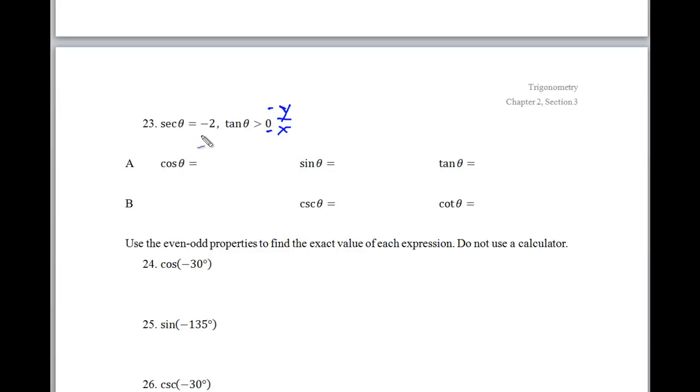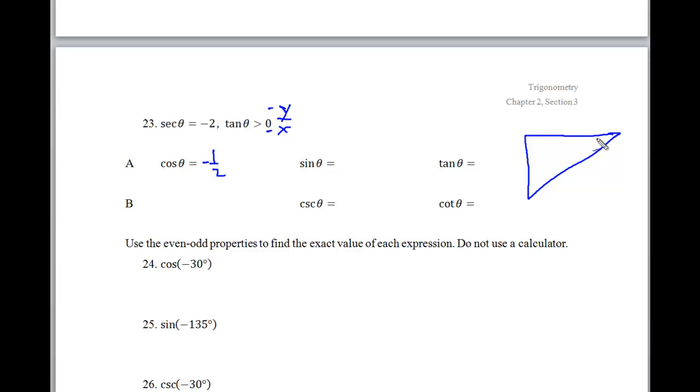Now, since I have my secant of -2, my cosine is going to be -1/2, because this is just the reciprocal of this. So since I have a negative for my hypotenuse and my adjacent side, I must be in the third quadrant. So another third quadrant problem.